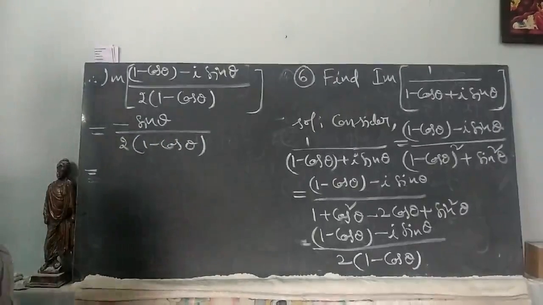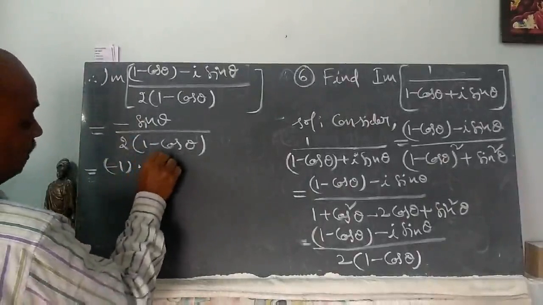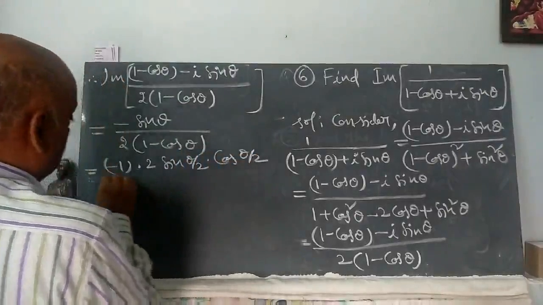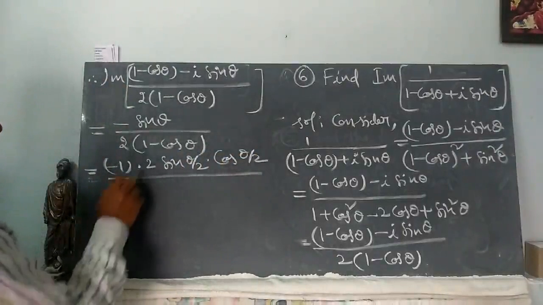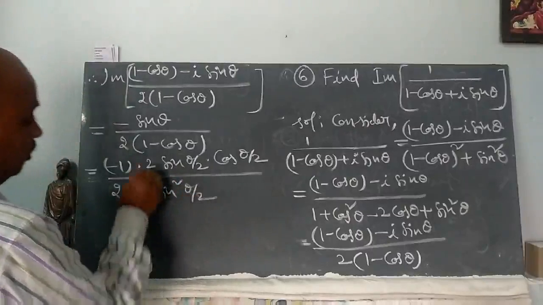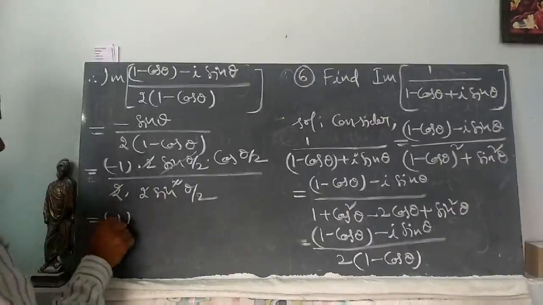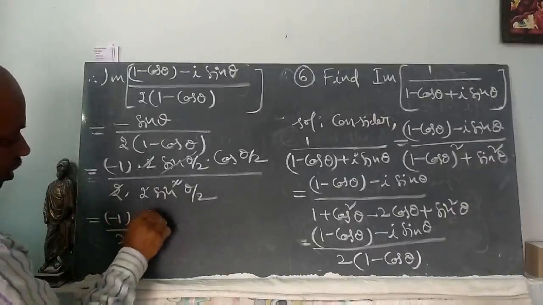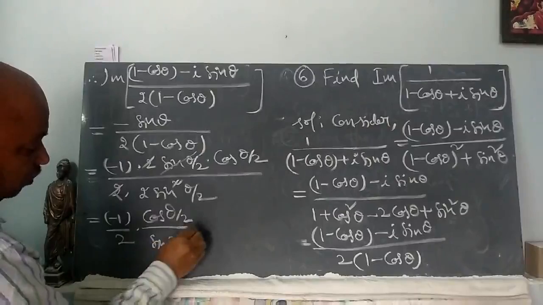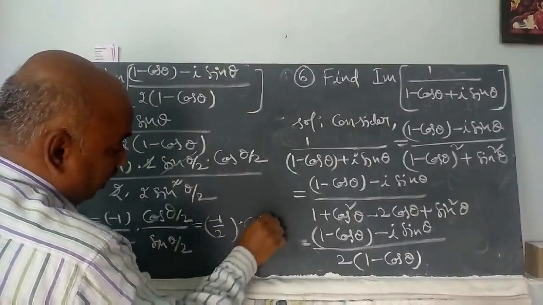Simplifying further and using the submultiple angles, minus 1 into sin theta is 2 sin theta by 2 cos theta by 2, whole by 2 into 1 minus cos theta, which is 2 sin square theta by 2. 2 gets cancelled, one sin theta by 2 gets cancelled. This is equal to minus 1 by 2 into cos theta by 2 whole by sin theta by 2, which is equal to minus 1 by 2 cot theta by 2.